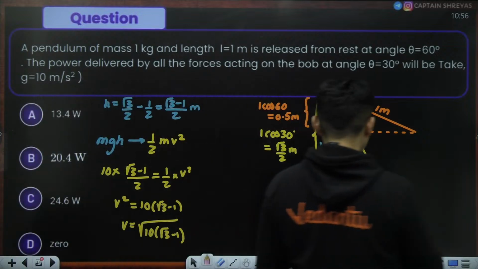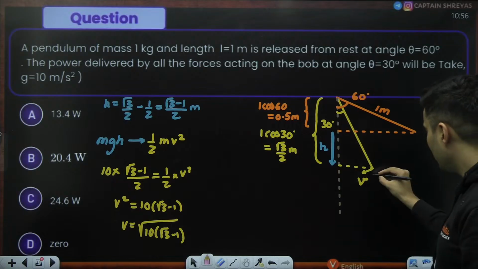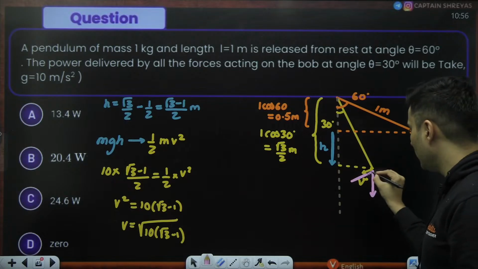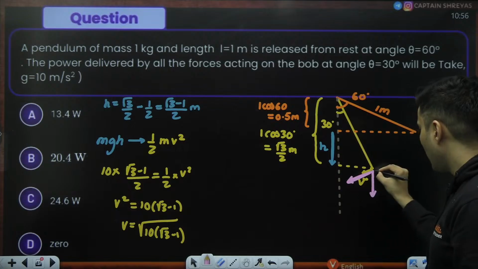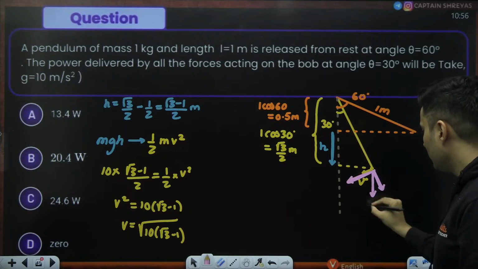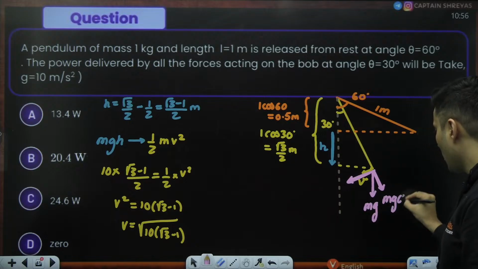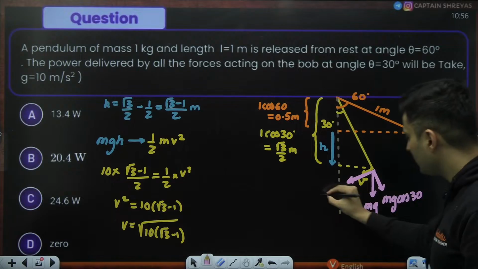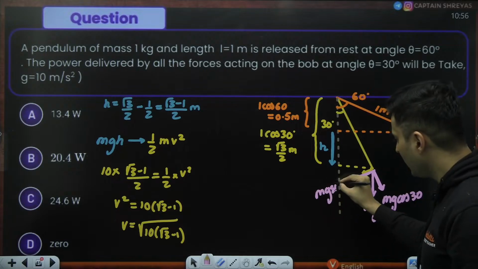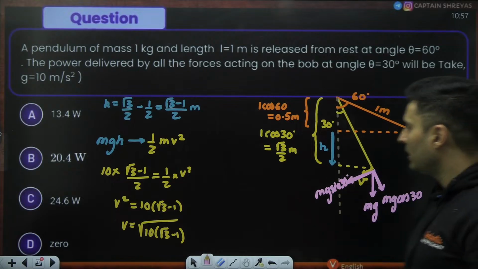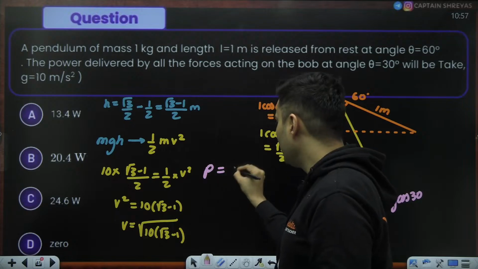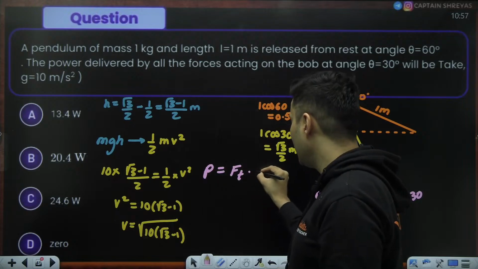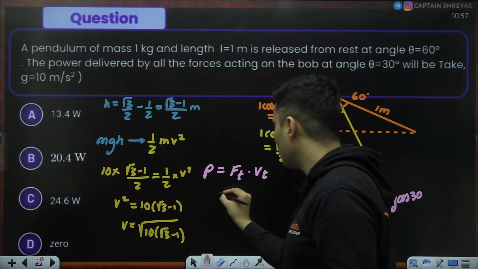See, what will happen is over here, the gravitational pull mg will be like this, but a component of it will act this way and this way. This is mg, this is mg cos 30, and this is mg sin 30, and the power will be the force along the tangent multiplied by the tangential velocity.